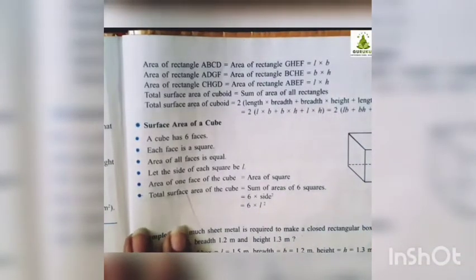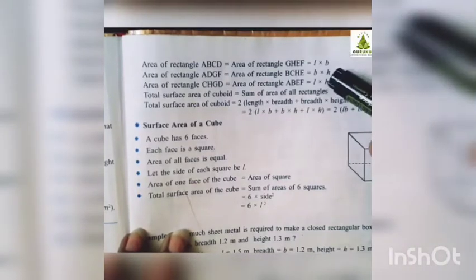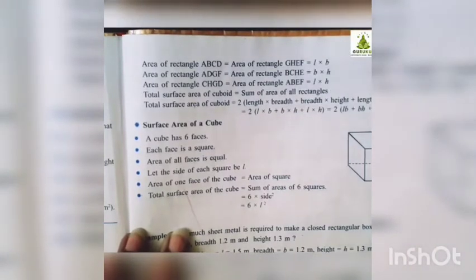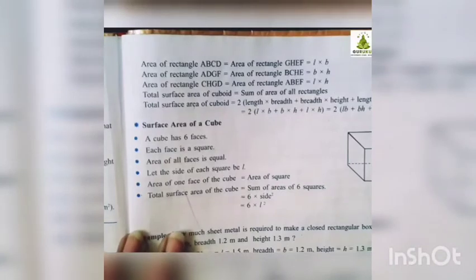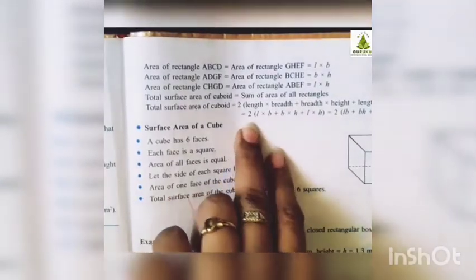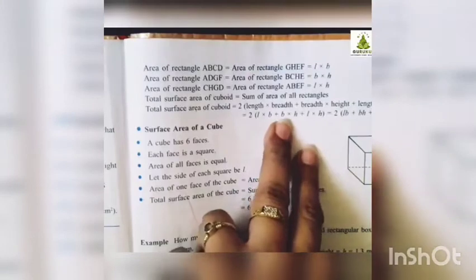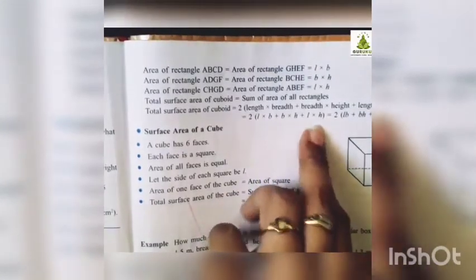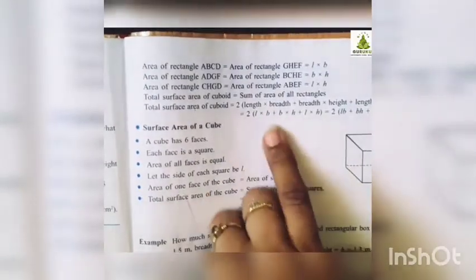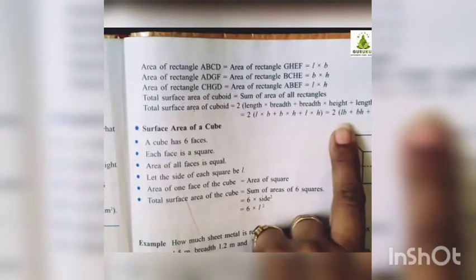We add all the rectangle areas and double it. The total surface area of a cuboid is 2 into bracket length plus breadth plus height plus length plus height.